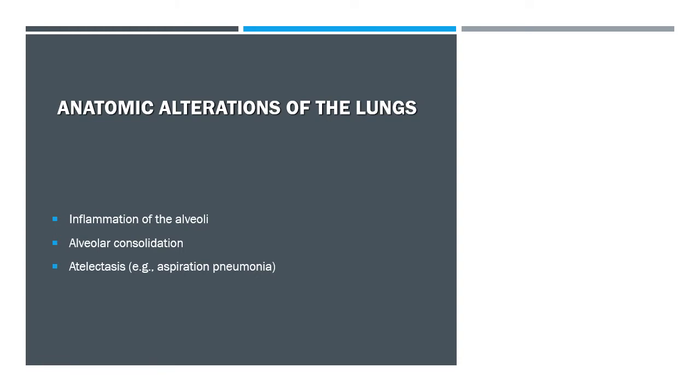If the infection is overwhelming, the alveoli become filled with fluid, red blood cells, polymorphonuclear leukocytes and macrophages. When this occurs, the lungs are said to be consolidated or have consolidation.